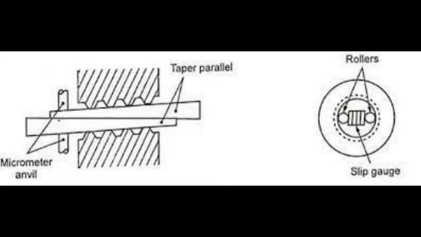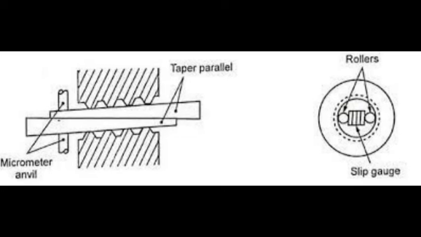The diameter across their outer edges can be changed by sliding them over each other, as shown in this figure. The taper parallels are inserted inside the thread and adjusted until firm contact is established with the minor diameter. The diameter over the outer edges is measured with the help of a micrometer. By using this we can measure the minor diameter of the internal thread.